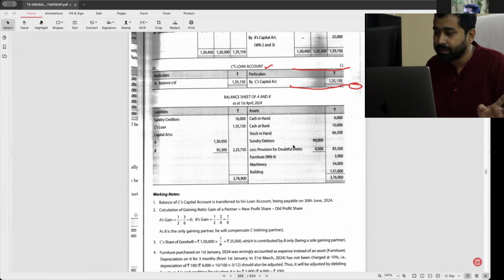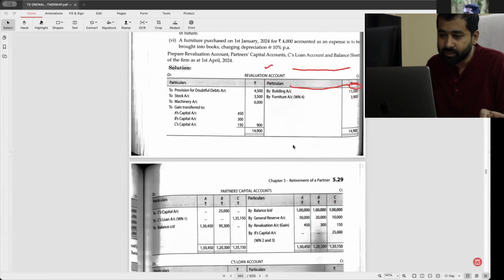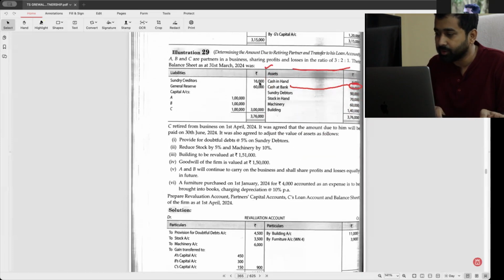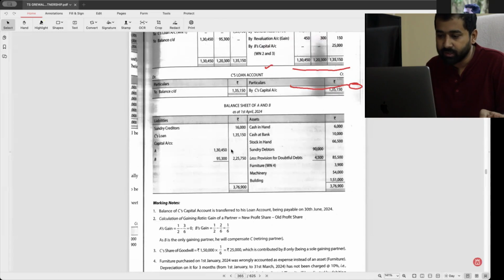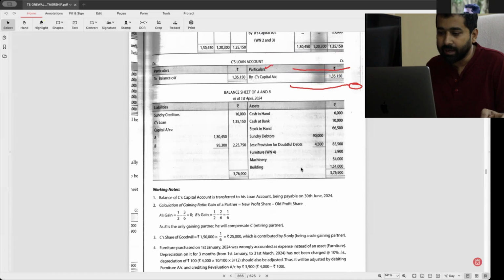And on the liability side, one thing is not taken, that is sundry creditors, 16,000. That amount I am taking now. And at the end, we are doing the tally. Remember, C's loan account we have already taken here, 1,35,150. Now tally it, it will tally.